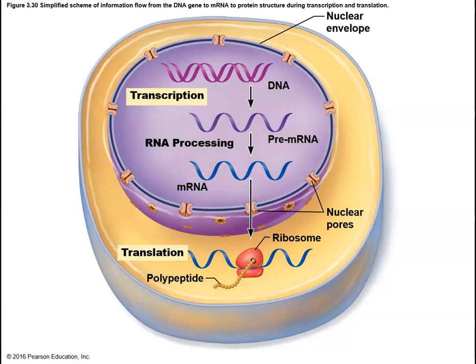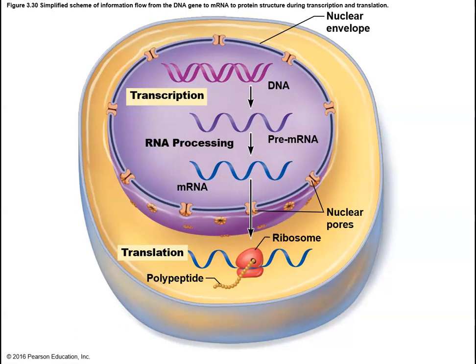Once that disposable mRNA copy is made, it leaves the nucleus and enters the next step of protein production called translation. And transcription basically is transcribing from one dialect of a language, the genetic language dialect of DNA, to the genetic language dialect of RNA.